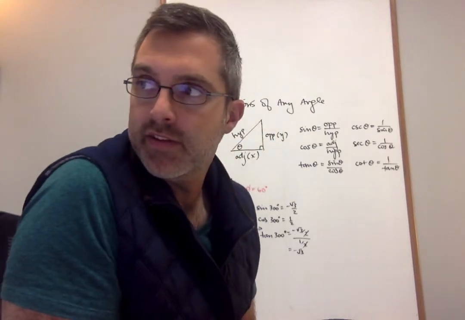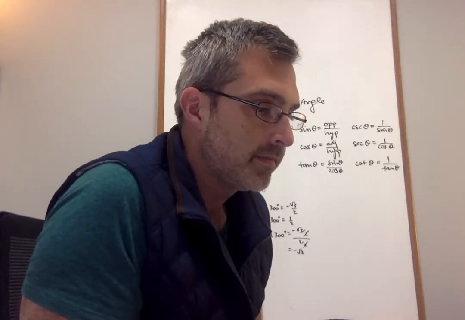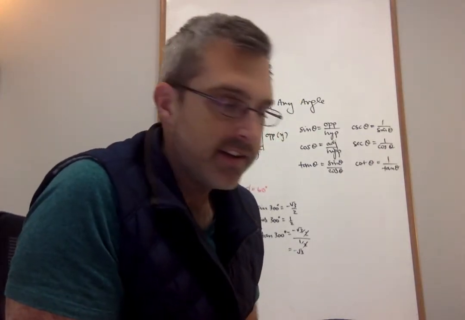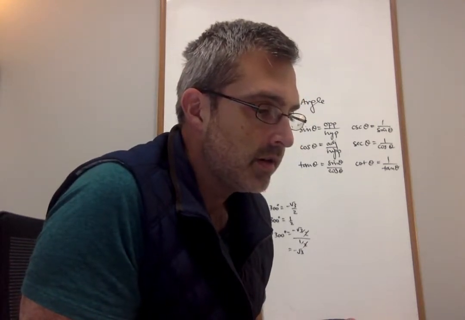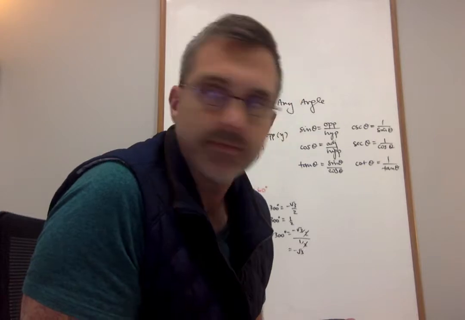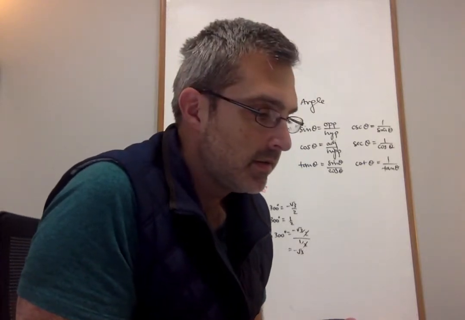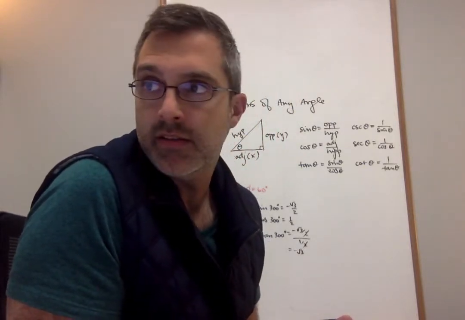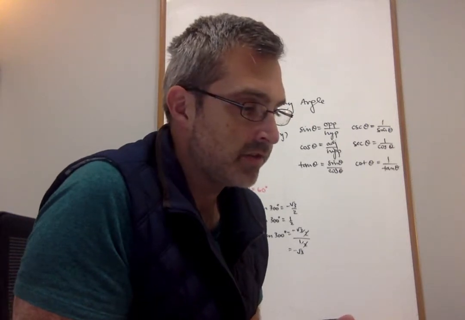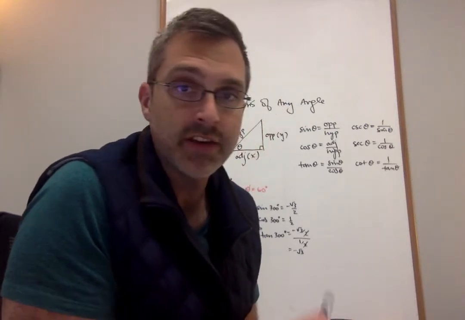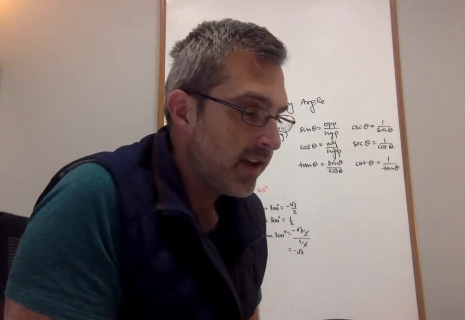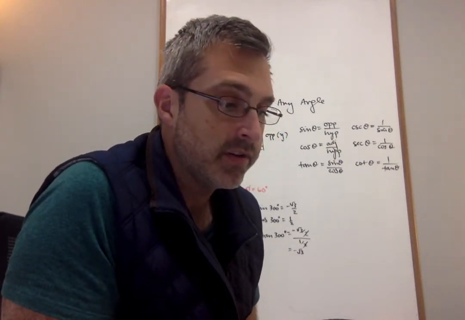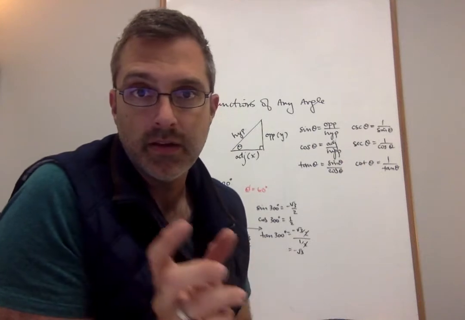Okay, number 79 and kind of 85. 91, 97, and 99 are just plugging stuff in your calculator. Just make sure on 91, 97, and 99 that you have your calculator in radians or in degrees, as appropriate.